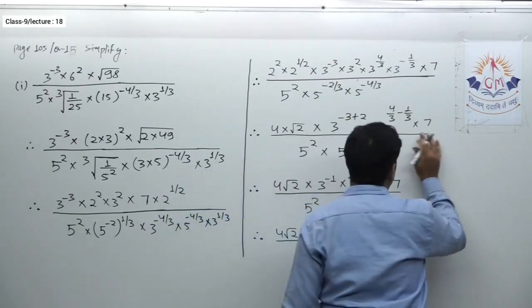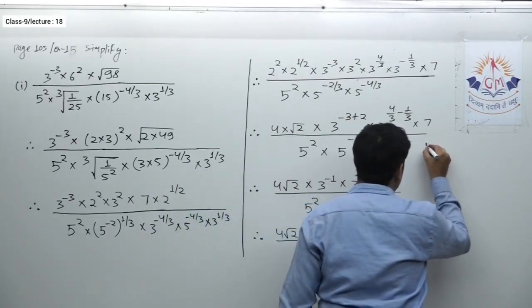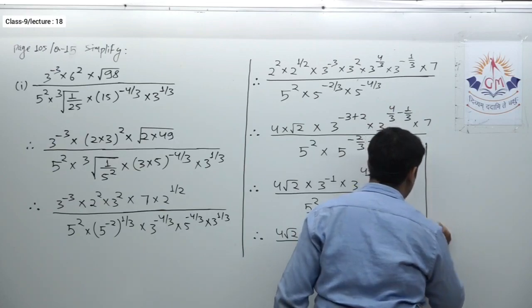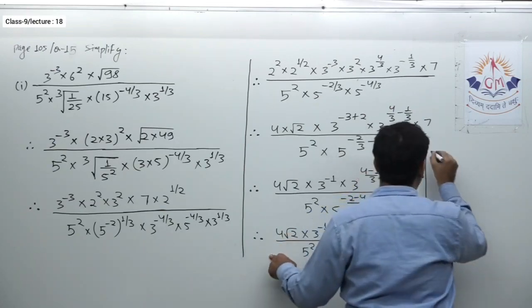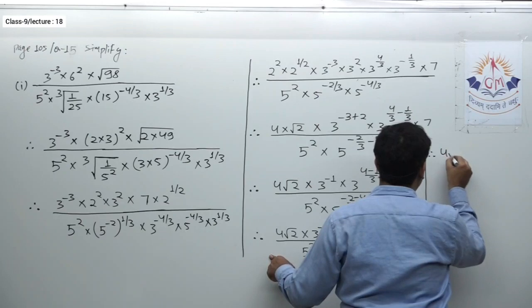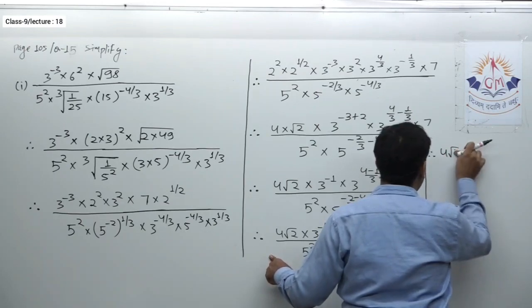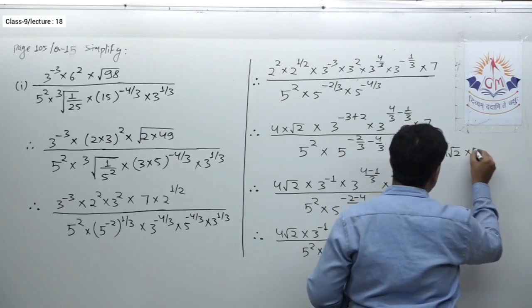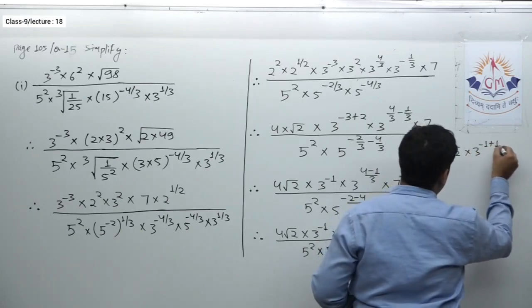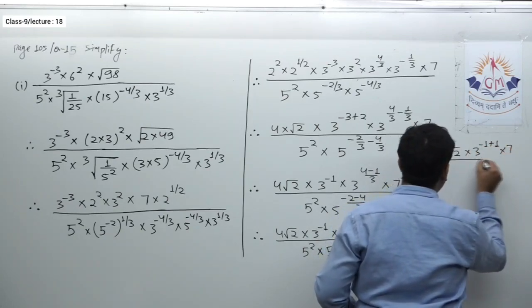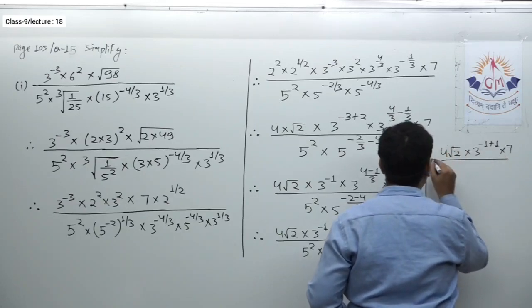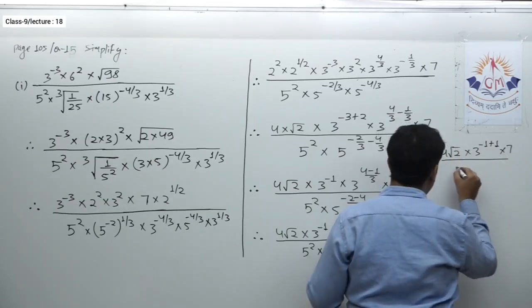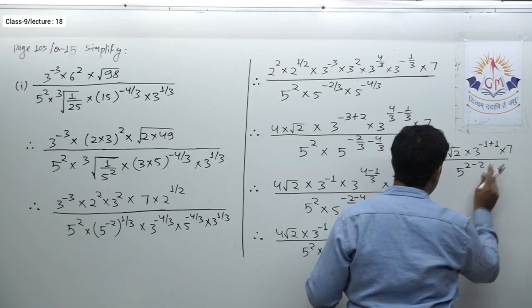So this is almost done. Now over here I have 4 root 2 into 3 raised to minus 1 plus 1, multiplied by 7, divided by 5 raised to 2 minus 2.